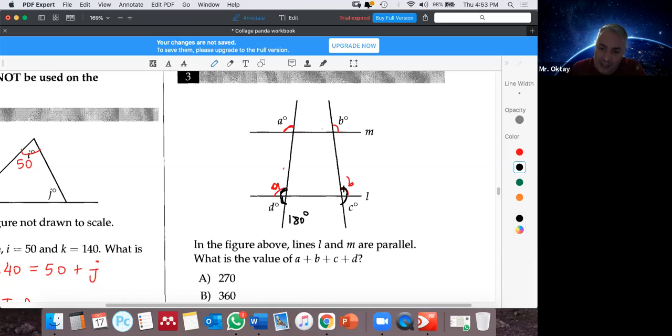So the question is A plus B plus C plus D. A plus D plus C plus B. I mean, the order is not important. You can say A, C, B, D. You can say A, D, B, C. These are all the same thing. So the answer will be 360, okay?